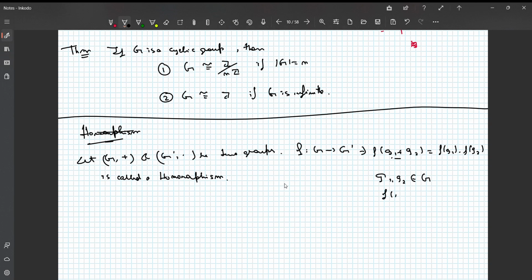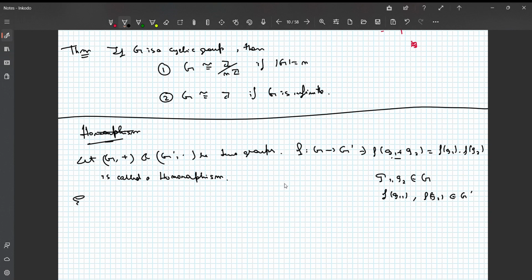On the right hand side, F of G1 and F of G2 are elements from G dash, which has the operation dot, so they are composed with the multiplicative operation, right?